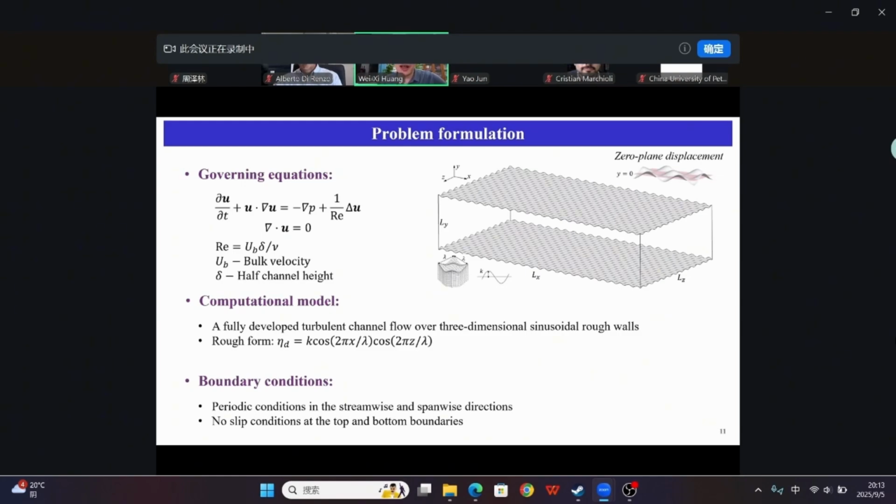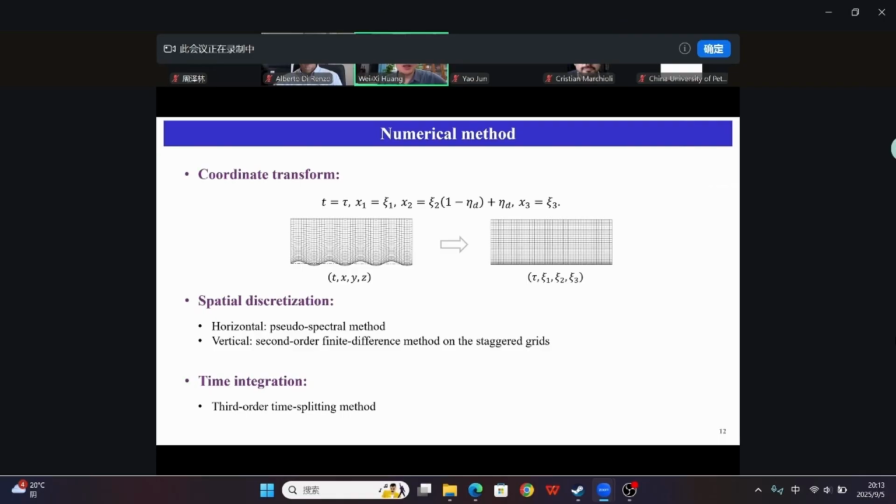It's called the egg carton shape, and the computational model and the boundary condition. So it's similar to the traditional channel flow, and here we use the coordinate transformation to transform the wavy mesh to the rectangular mesh.